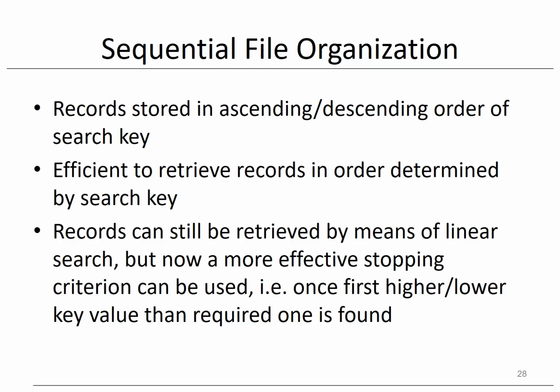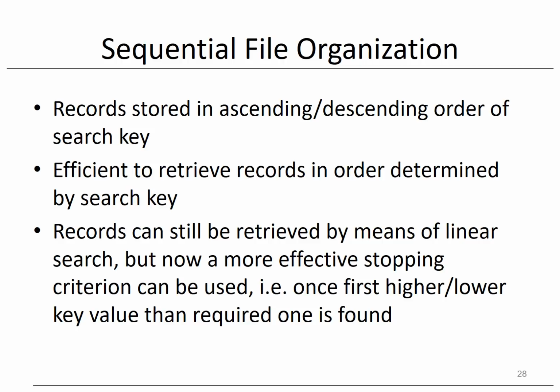With a sequential file organization, records are stored in ascending or descending order of a search key. This is often the primary key, but a non-unique search key can also be used as ordering criterion. An advantage this has over heap files is that it becomes much more efficient to retrieve the records in the order determined by this key, since it requires only sequential block accesses.